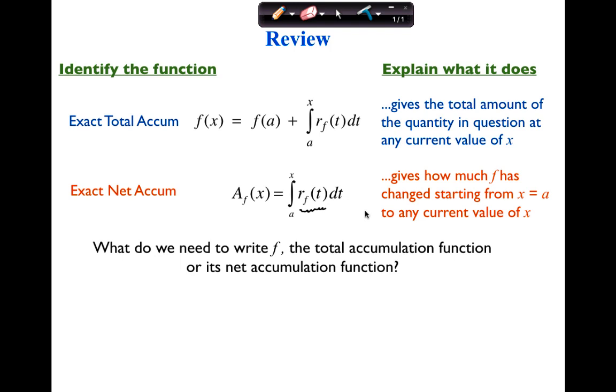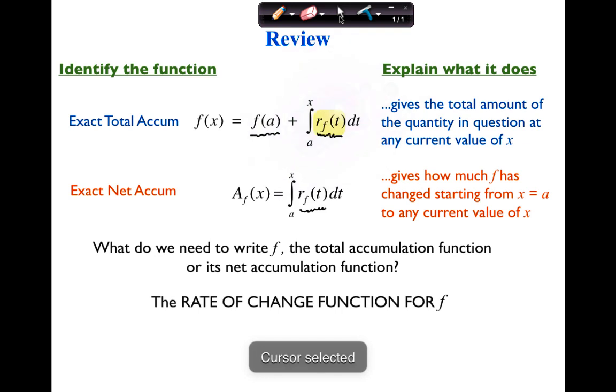Or likewise, we need the rate of change function and a starting amount, and we have the exact total accumulation function. We just write it down. So suppose we need the rate of change function for f. That's what we need. If we've got that, we can write down either net accumulation or total accumulation function.